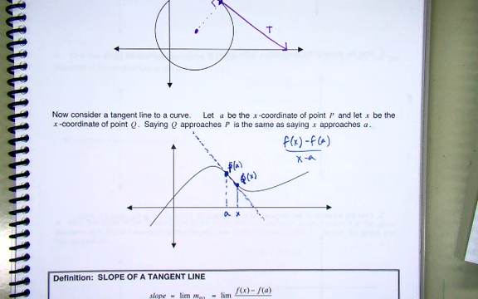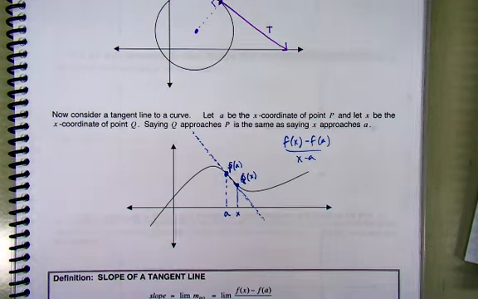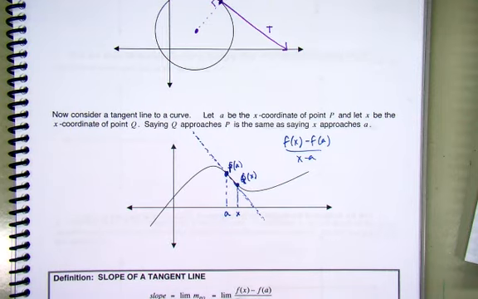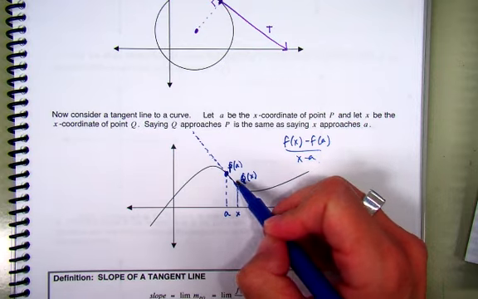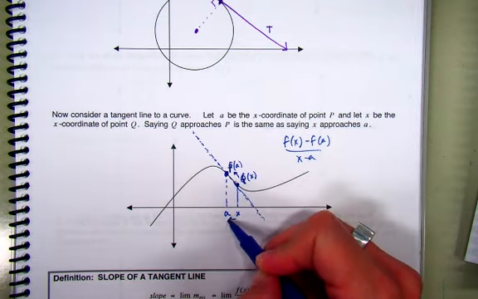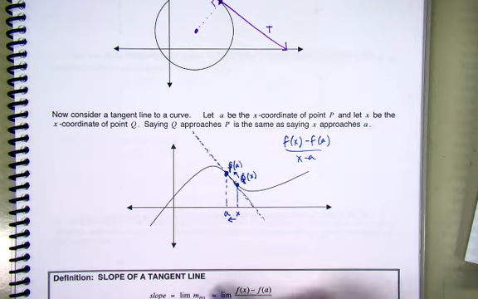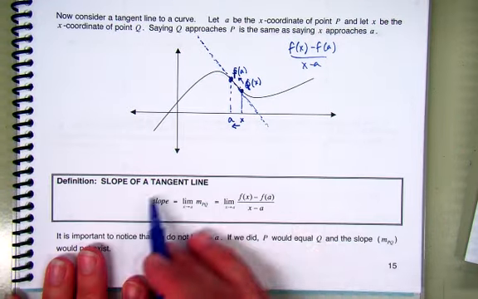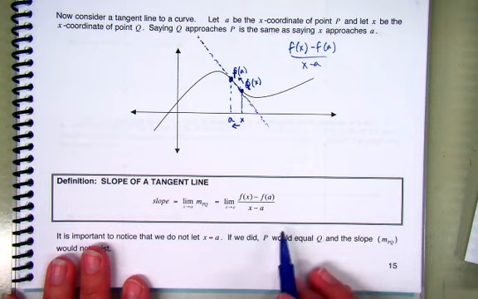As I get closer and closer, I'm going to take the limit of the slope, because it's not really a line, it's a curve. So we can't actually take the slope of a line, because there isn't a constant slope here. So this will move closer and closer, and that's where this concept of limit comes in. Okay, so if you're not 100% sure what's going on, that's okay. This is the definition you need to memorize, okay?